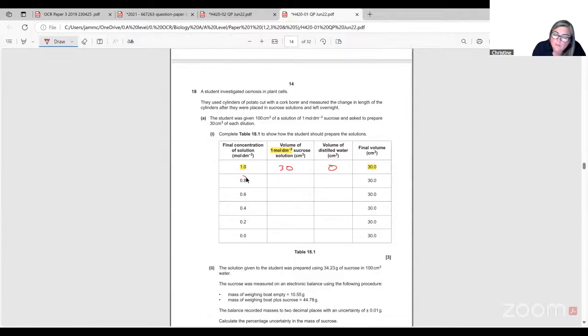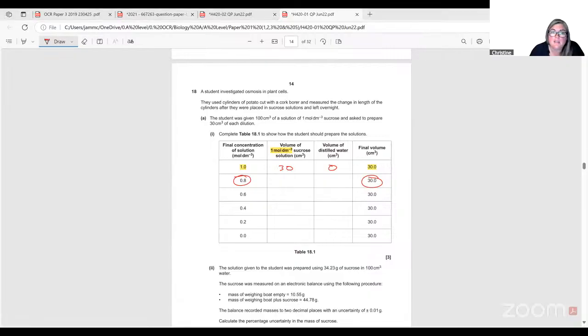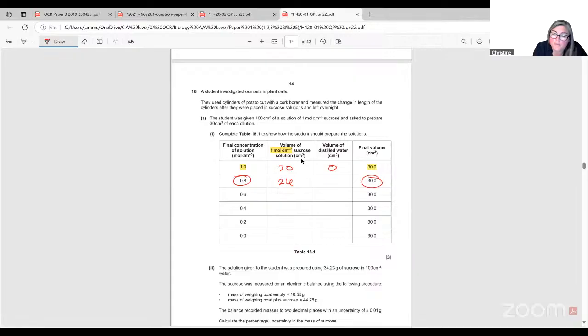Now I want 0.8, and I've still got 30. If I were to do on the calculator 0.8 of 30, how much would that be? Double check this one. 24. Always like to double check my calculations. So if I've got 24 centimeters cubed of my sucrose solution, I am going to need 6 centimeters cubed of my distilled water.